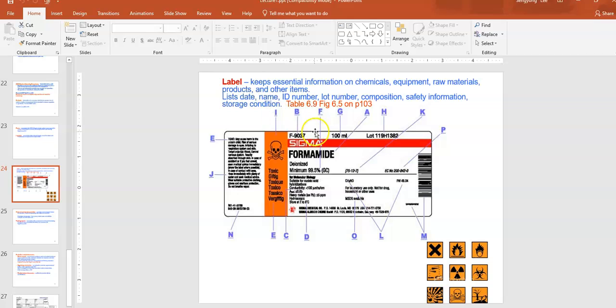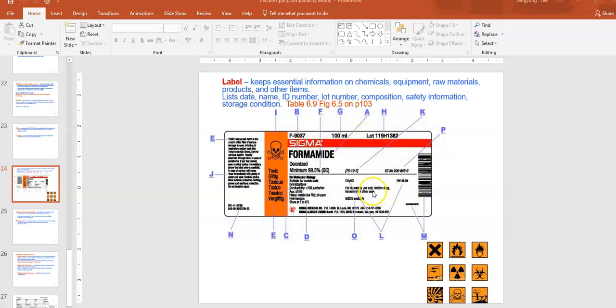Okay, so if you look at this chemical, you can find its chemical name, what it's made out of, the chemical formula of the chemical, and then the purity of it. It's hard to read, but there is the storage condition, its reactivity, and then maybe the toxic information, it's highly toxic, and then all other information, how much is in the bottle, the chemical number, lot number, everything.